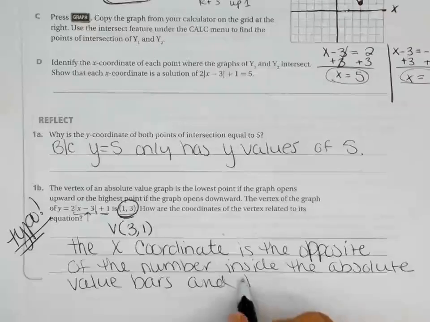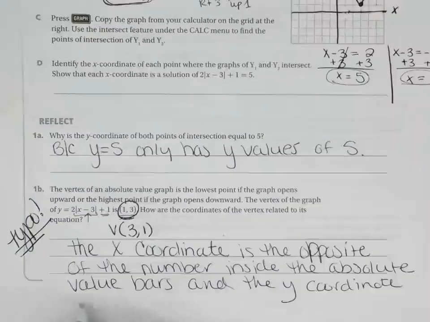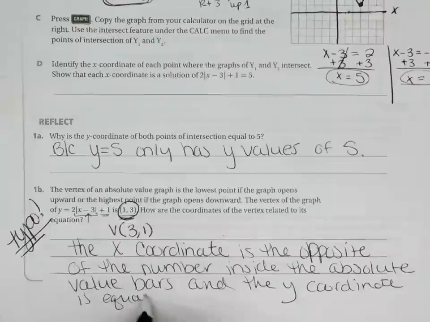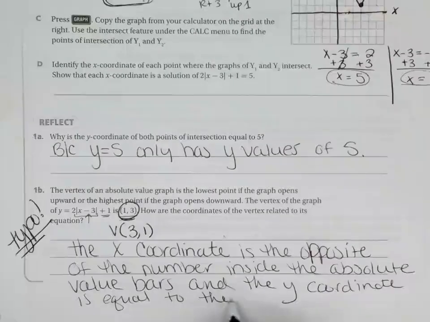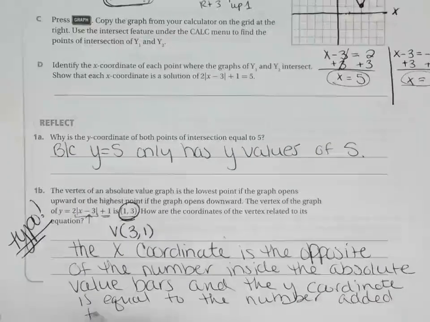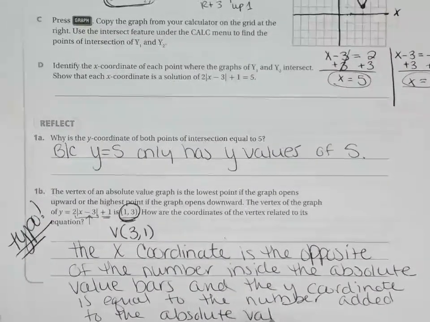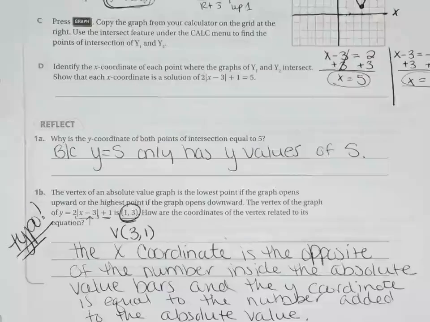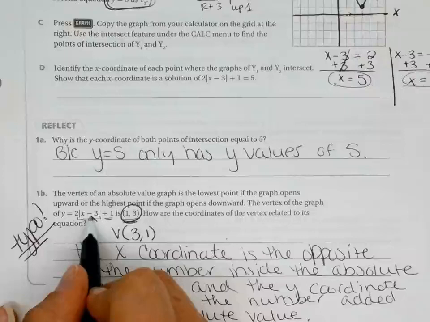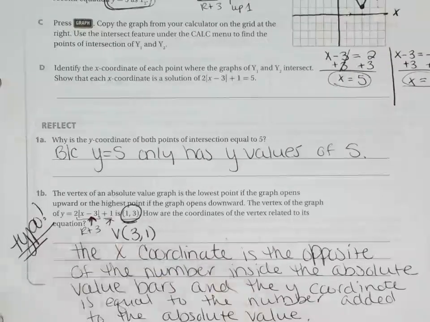And the y-coordinate is equal to the number added to the absolute value. So like I said, this shift is left-right, opposite of what you think. Up, down, right? Shifting vertically. So this is up 1.